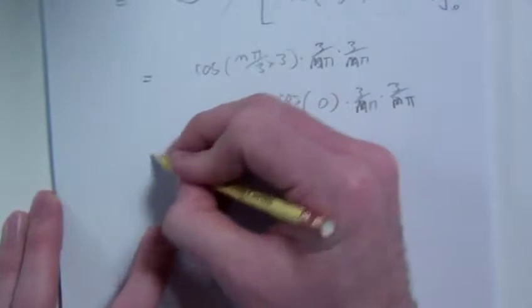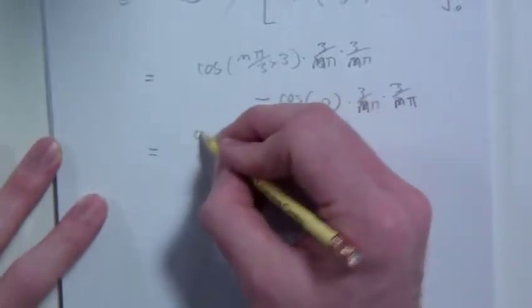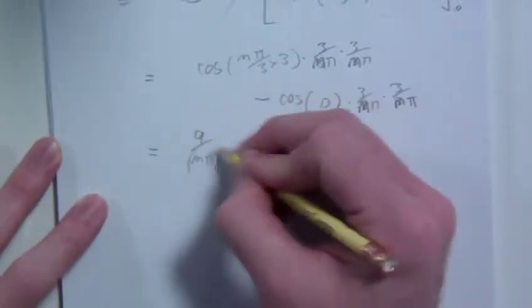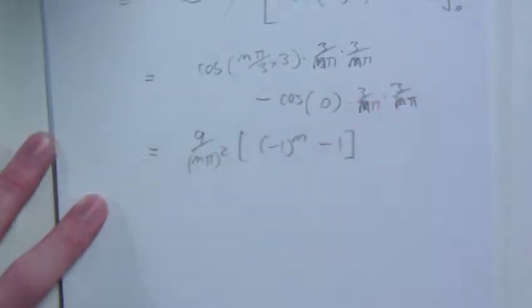And let's see. Well, cos of m pi is minus 1 to the m, and cos of 0 is 1. And so we get, and we've got a 9 on m pi squared on both of them. We've got a minus 1 to the m and a minus 1. There we go.